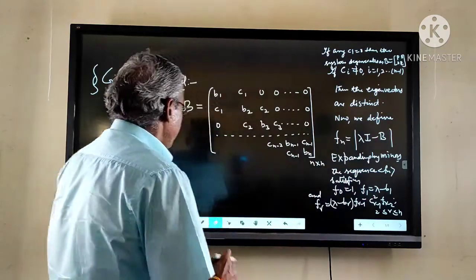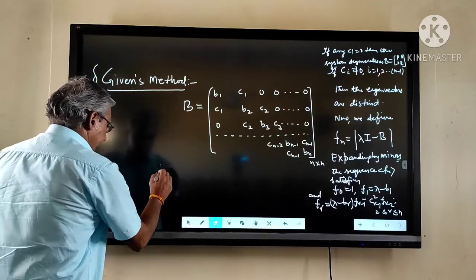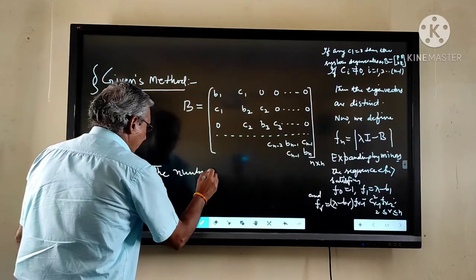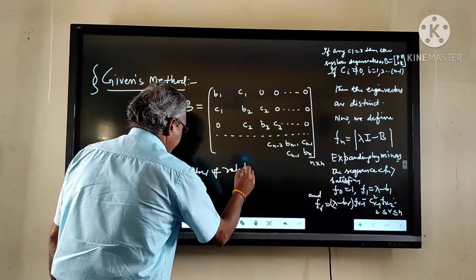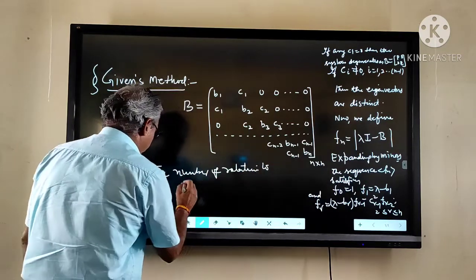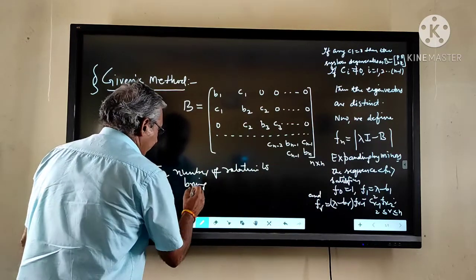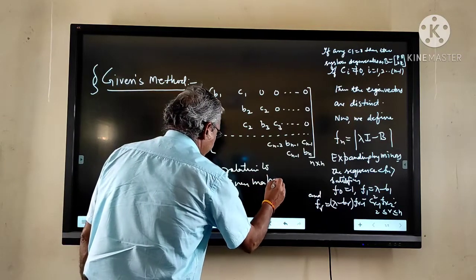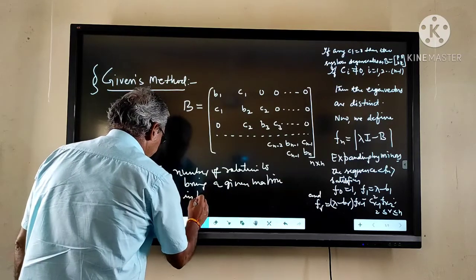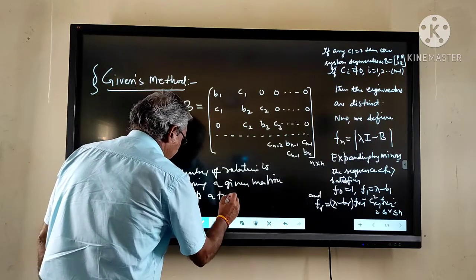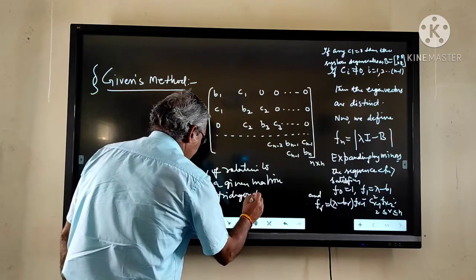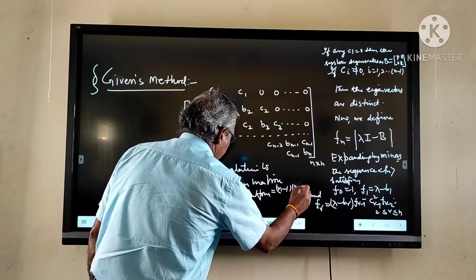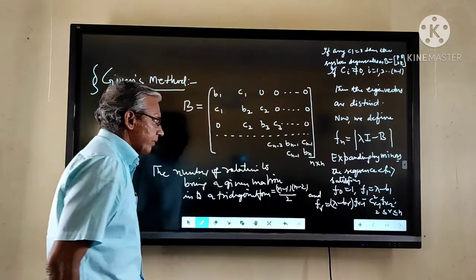So the number of rotations to bring a given matrix into a tridiagonal form equals n minus 1 into n minus 2 upon 2.